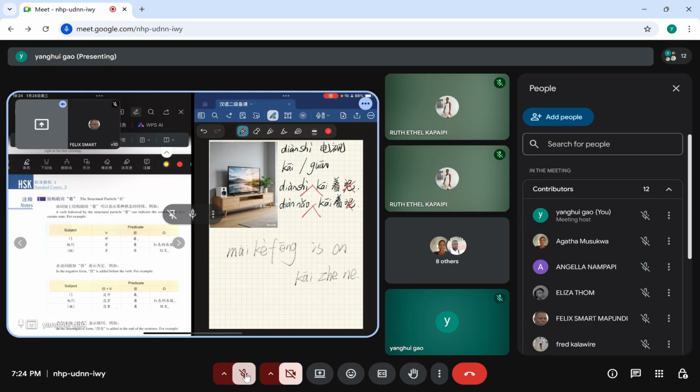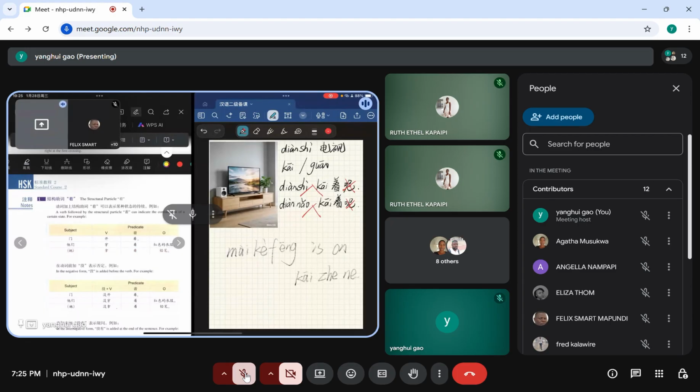So 电视关着呢，电脑关着呢。And for the microphone, your microphone 关着呢. Okay, so that's the 关.